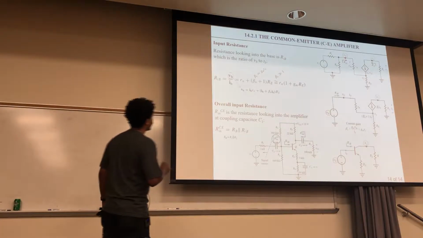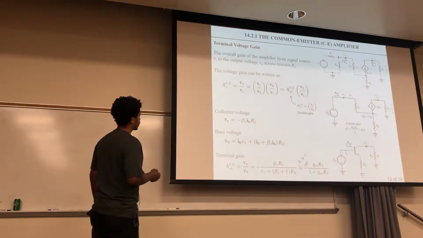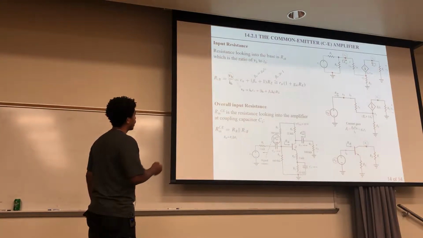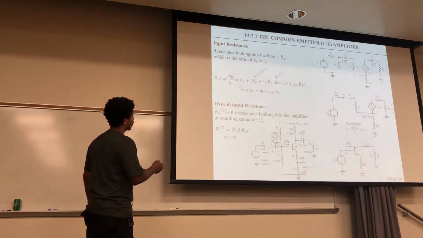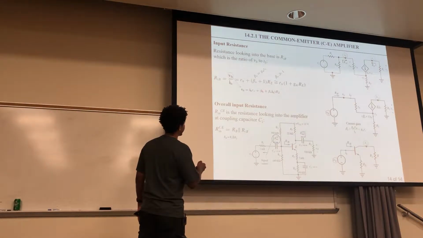Now that's the ratio of your VB to IB. Your VB from this piece right here, we did this by KVL around this loop here. Plug all this into there, and the nice thing is that you have all these IBs in there, so they all go away, and this is all you're left with.